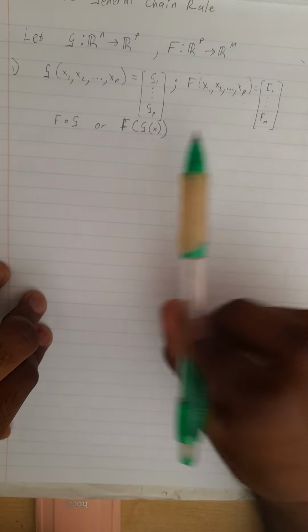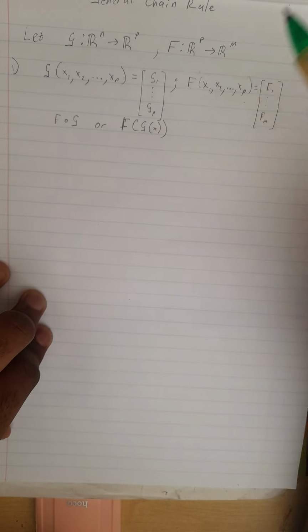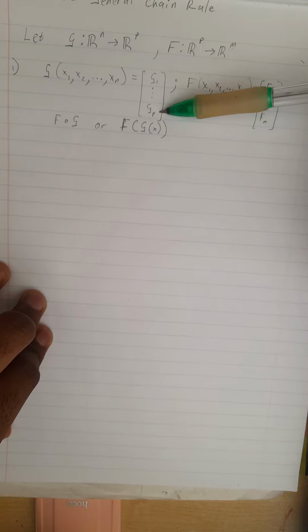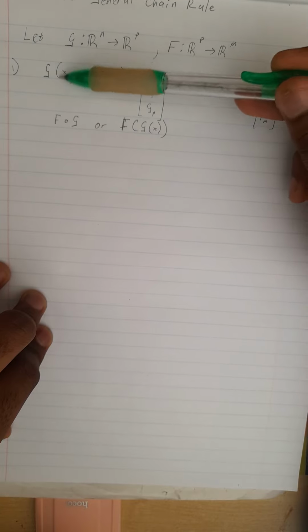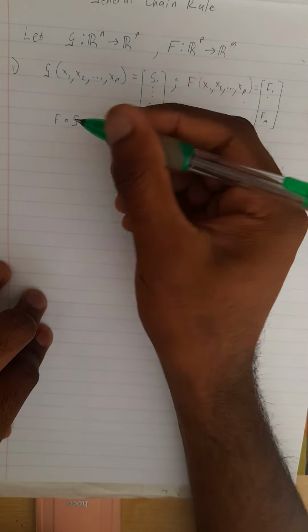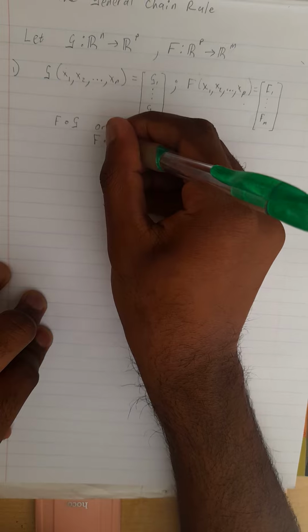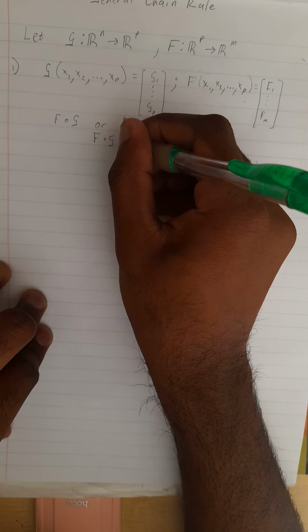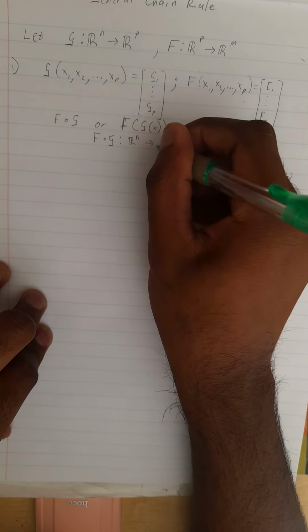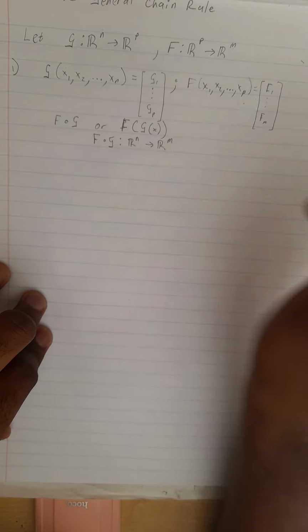And the fact that you have to link these things: G is giving out P outputs, but has taken in N inputs. That means that the composition is going to map from Rn to Rm.